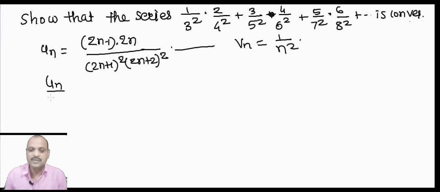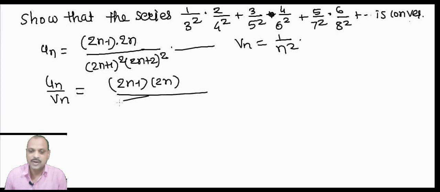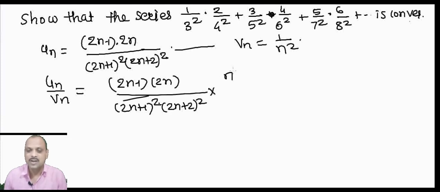Un divided by vn is 2n minus 1 into 2n divided by 2n plus 1 whole square into 2n plus 2 whole square, into n square from 1 divided by n square inverted. Now we divide numerator and denominator by n raised to 4.